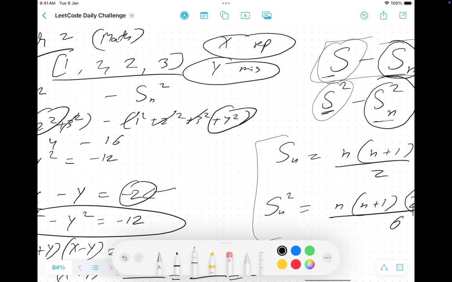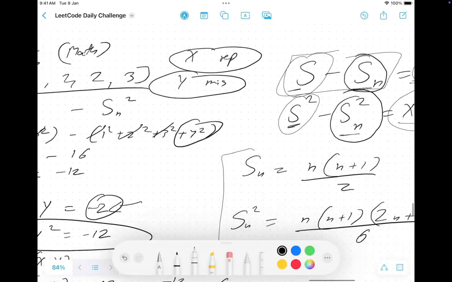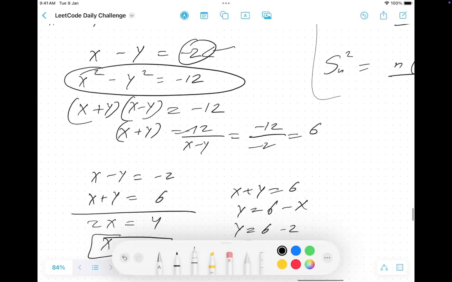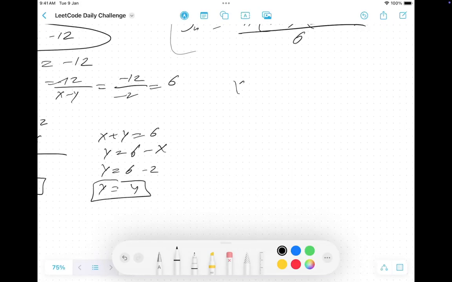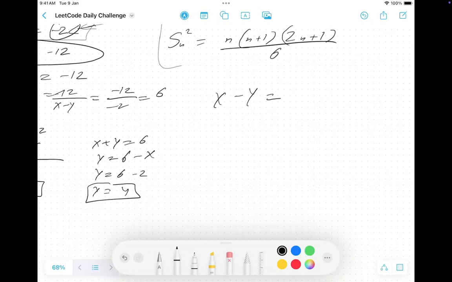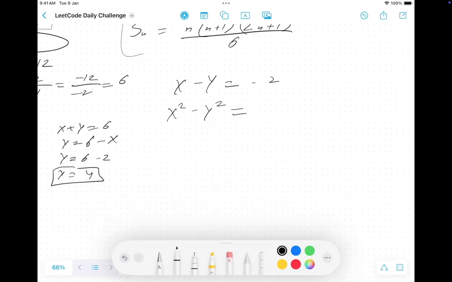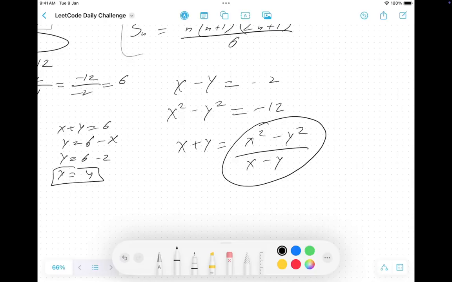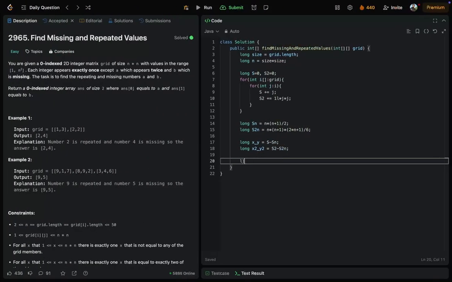Which is x minus y and x square minus y square. What is x minus y? X minus y value is this. So let's write here x minus y value is minus 2, and x square minus y square value is minus 12. X plus y can be calculated as x square minus y square by x minus y. So let's first find this x plus y.